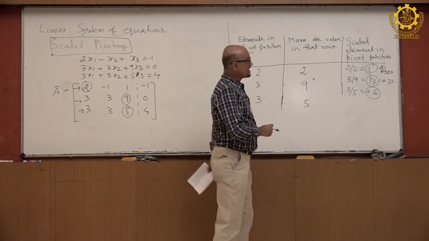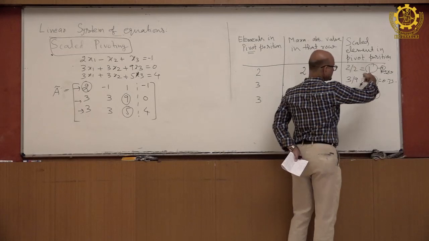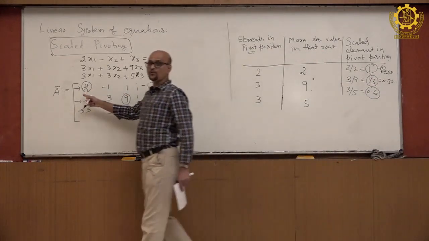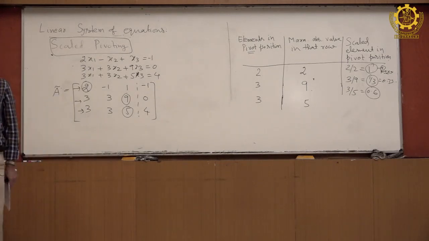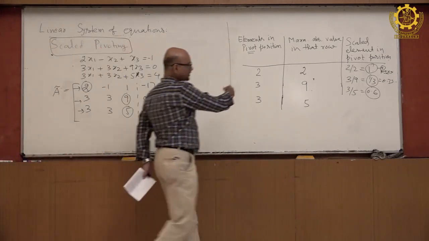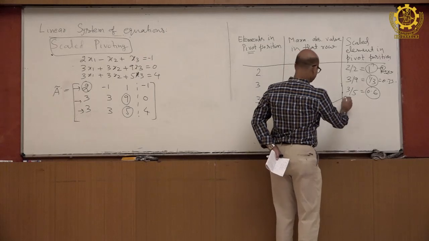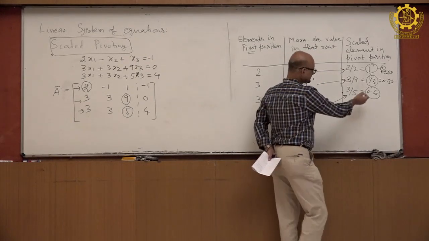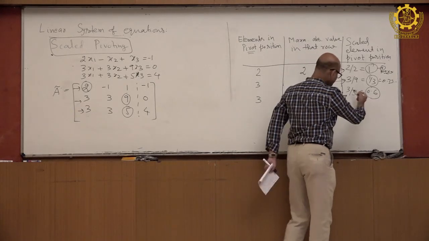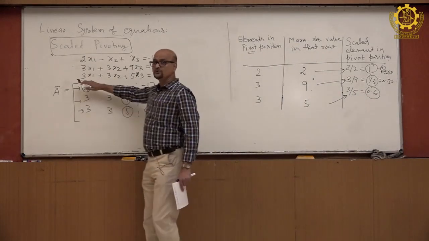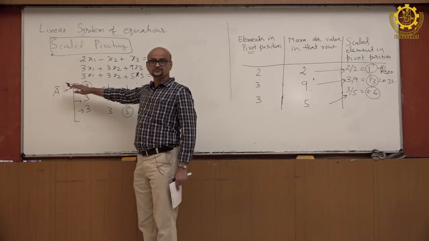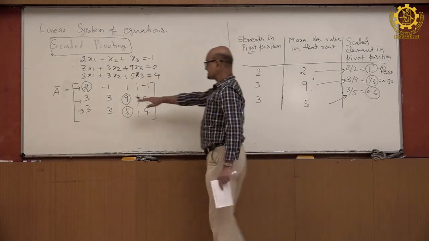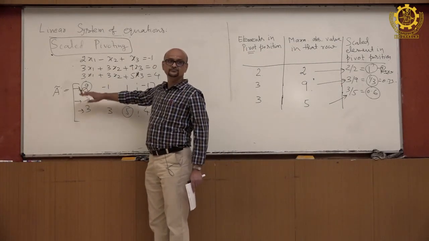So the scaled pivot element is 1, which comes from the first row, so we will not interchange. Suppose I got for some other elements this as the maximum, that means I have to switch the last row to the first, understood? If I get the maximum here, then I have to interchange the second row with the first, understood?